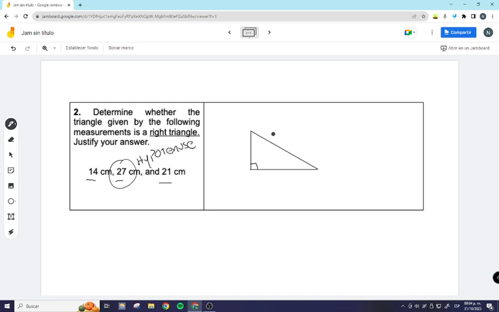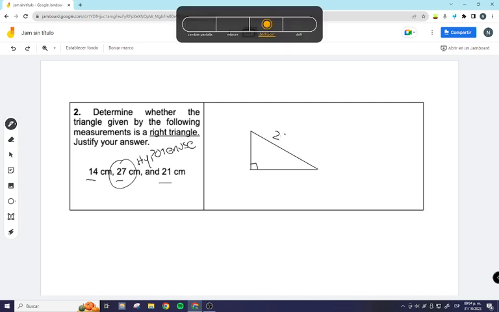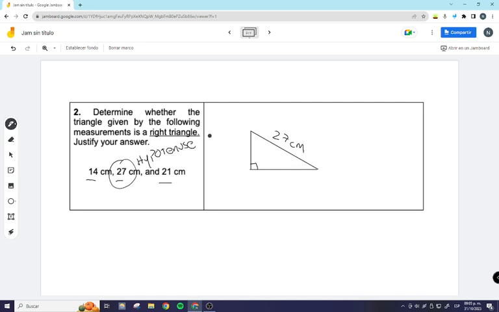Yeah, so the 27 should be here. Excuse me, 27, not 25. 27 centimeters. And in any order, the 14 and the 21 would be the legs. So 14 centimeters and 21 centimeters.